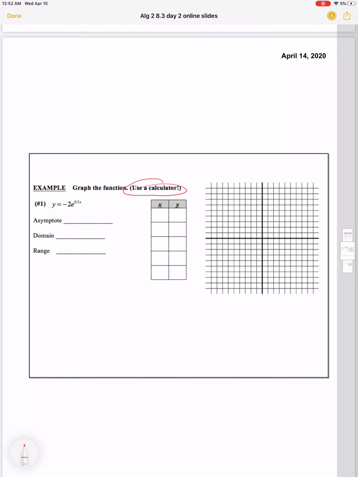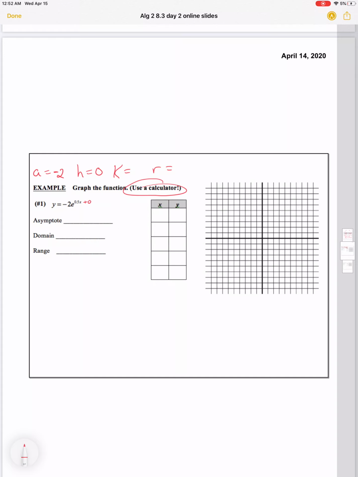First equation, y equals -2 times e to the 0.5x. Alright, I'm going to list below here, or right above actually, what a is, what h is, what k is, and what r is. So in this one, a is -2, h is 0, because there's really nothing added to that x.